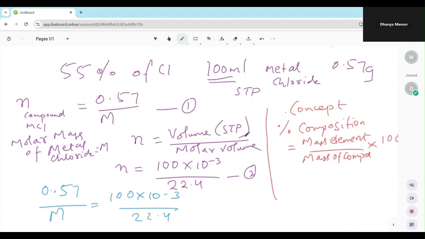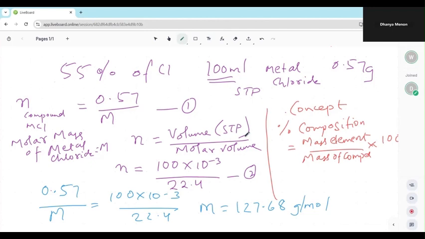When you solve this, M comes to 127.68 grams per mole. Okay, so this is the molar mass of the compound.